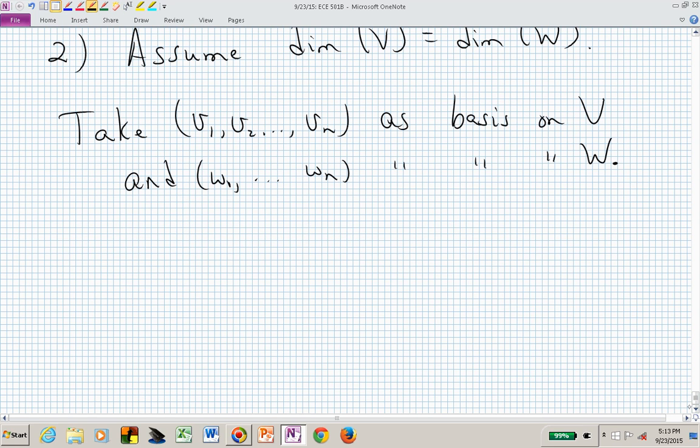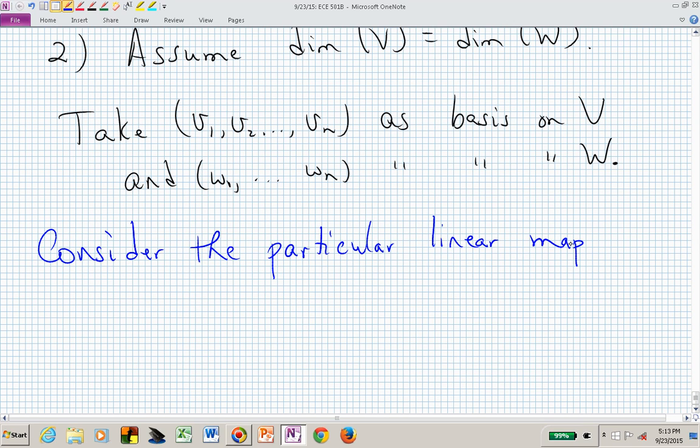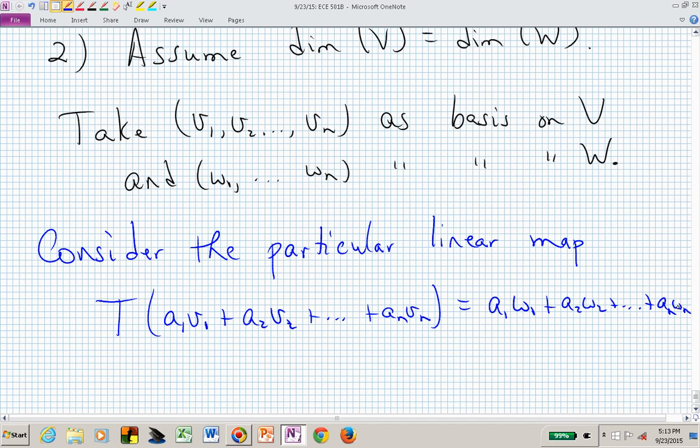Now let's look at a particular map. Consider the particular linear map T of A1V1 plus A2V2 plus A sub n V sub n, and let's say that's equal to A1W1 plus A2W2 plus A sub n W sub n.